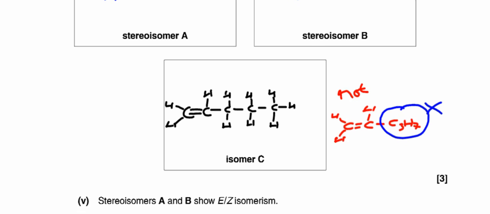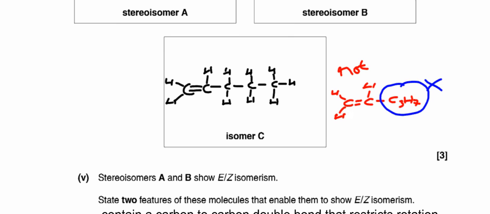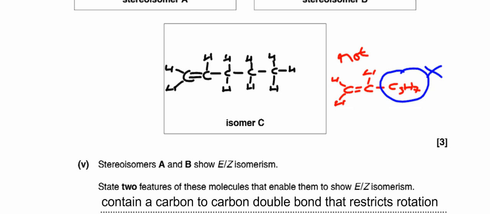Then, since you've drawn out your EZ isomerism, they now want you to be able to state what features it has. And these are these two features. The first being that they contain a carbon-to-carbon double bond that restricts rotation. Key there, it's not just a double bond, it's a carbon-to-carbon double bond.